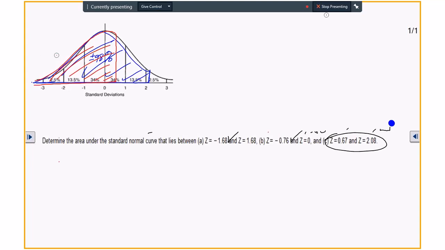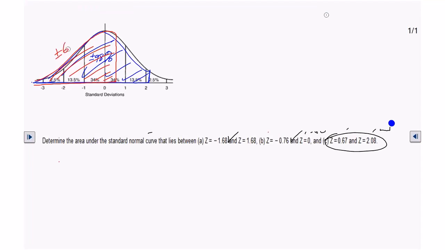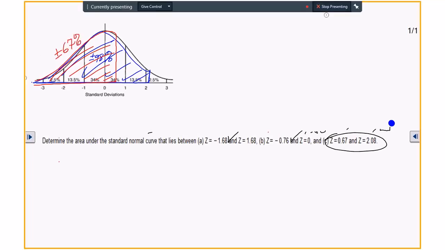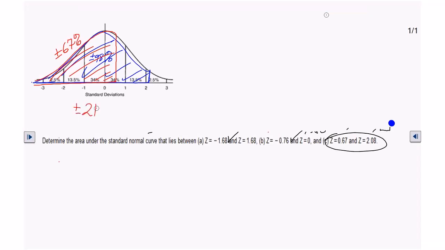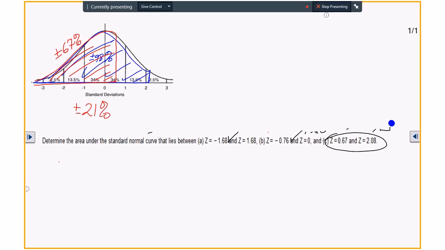So we say the red is positive or negative 67%. So I'm going to say 100 minus 67 is what? 23 minus 2 is 21. So I'm going to say around 21%, plus or minus 21% by empirical rule, common sense.